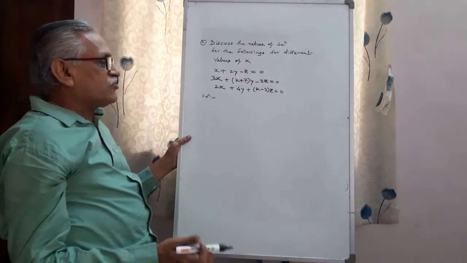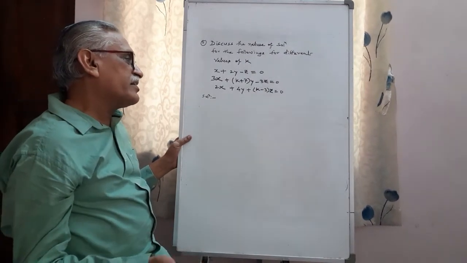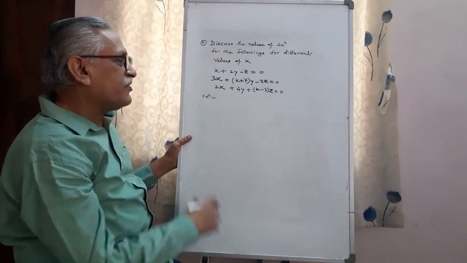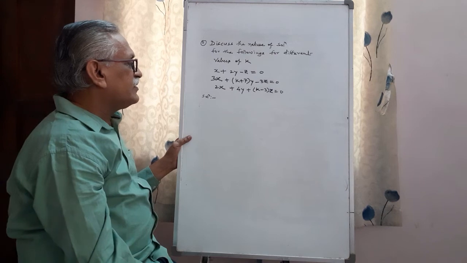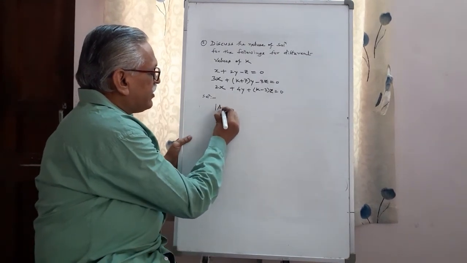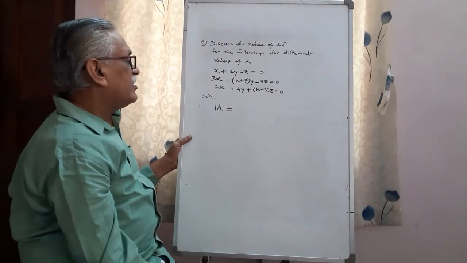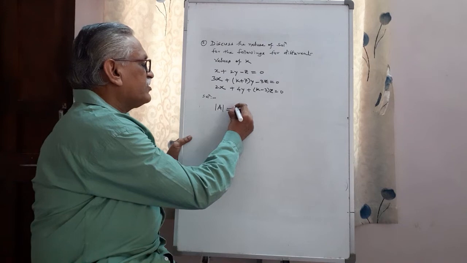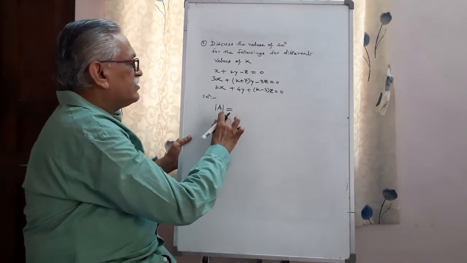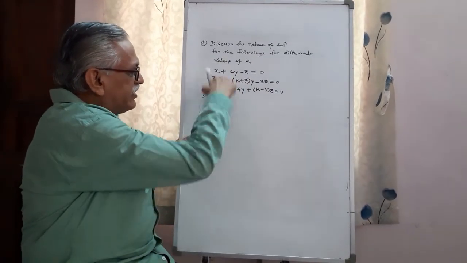Therefore, instead of using that technique, here we take the help of the note, whatever I have discussed earlier. We try to find the determinant of A. A means the matrix of coefficients of variables. Then take its determinant.